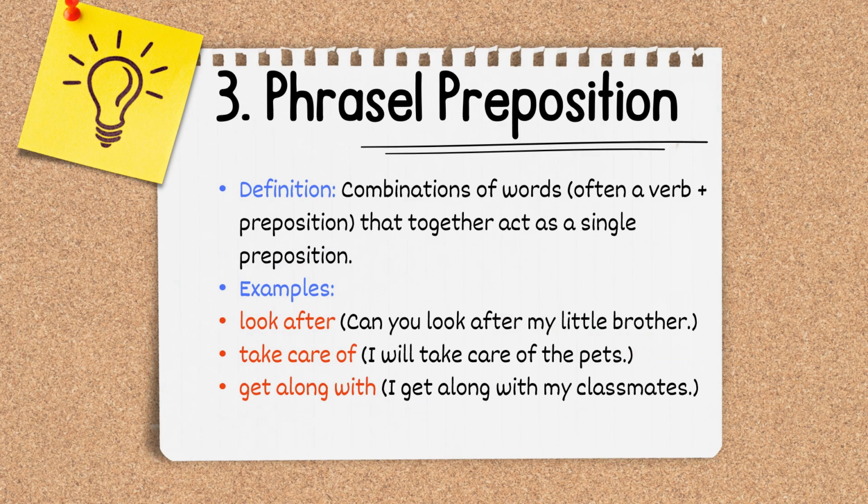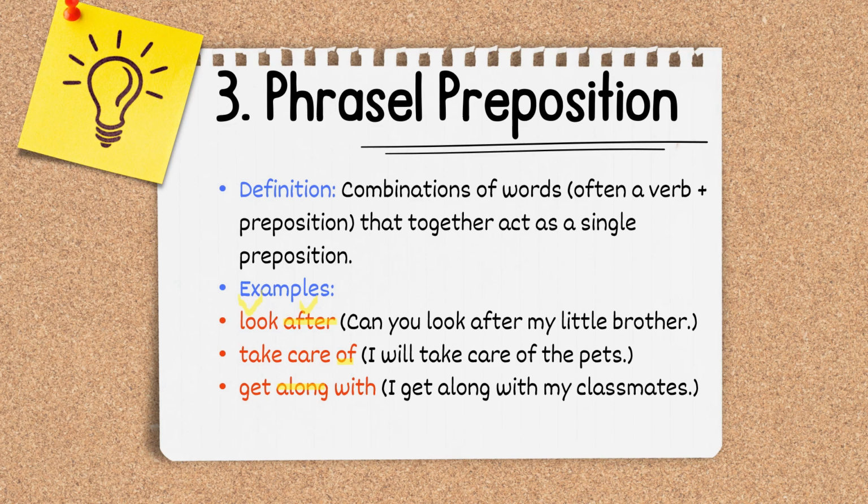Next comes the phrasal preposition. In phrasal prepositions, we are also combining two words. But what are these two words? The first word would be a verb, and the second word would be the preposition. Could you see this, after or of or along? These are prepositions.